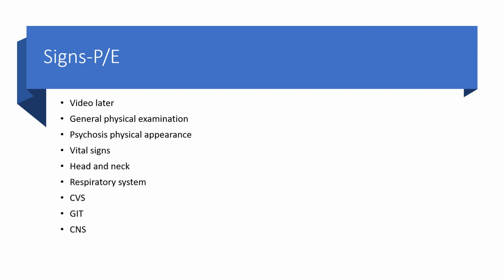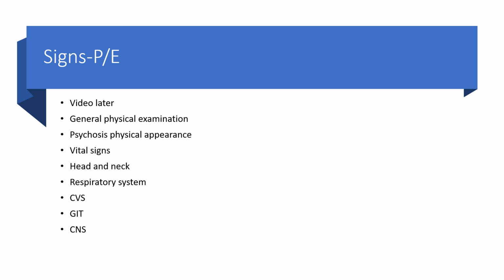Okay, on physical examination, I will present a separate video on this later on, not right now. So we're going to have general physical examination done, from walking into the clinic to interaction, from language, from everything.